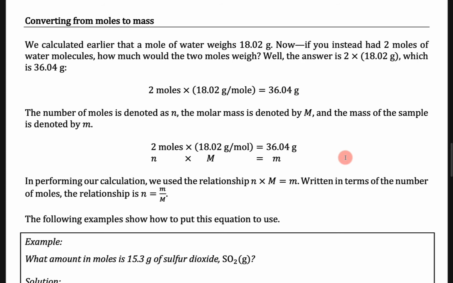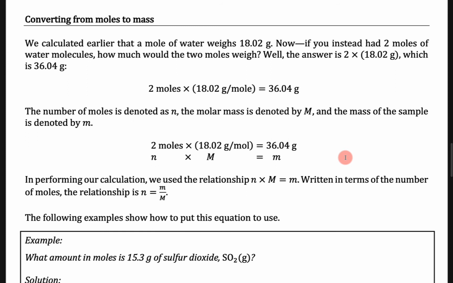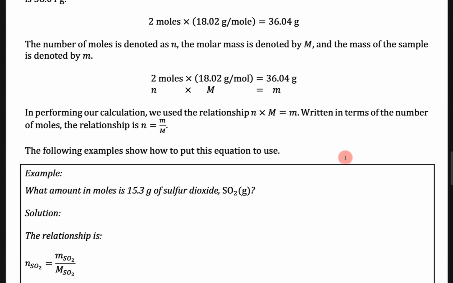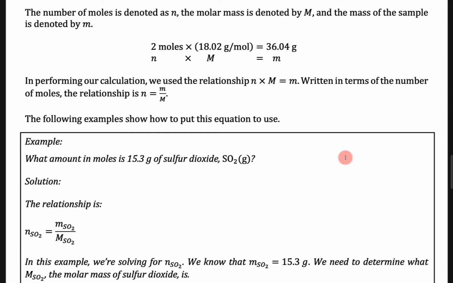Now, similar to what we had seen in our previous lesson, we actually just did a calculation with moles. And this calculation is going to help us arrive at the relationship that we'll be making use of in this lesson. So as we saw before, the number of moles is denoted by a lowercase n, symbolizing the number of moles.